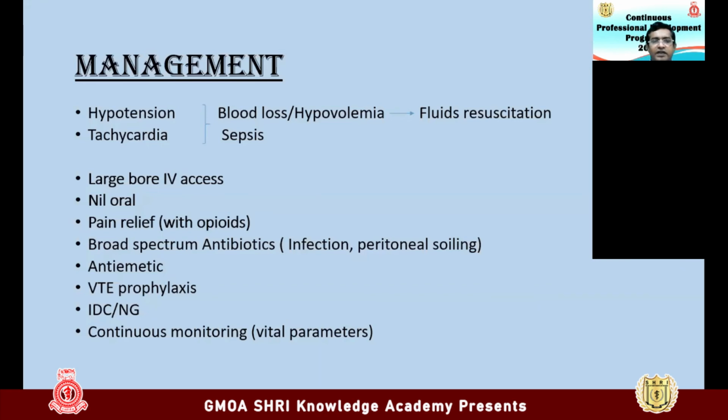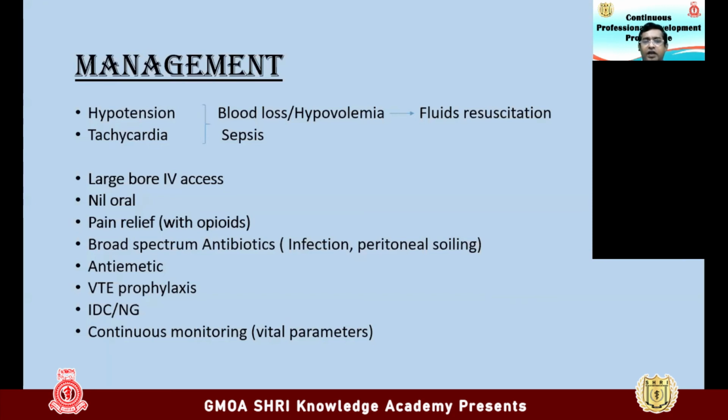Sometimes you will see the patient is tachycardic, tachypneic, hypotensive, which gives you an understanding of whether the patient has sepsis, blood loss, or hypovolemia. So fluid resuscitation with crystalloids is very important with a wide bore cannula.